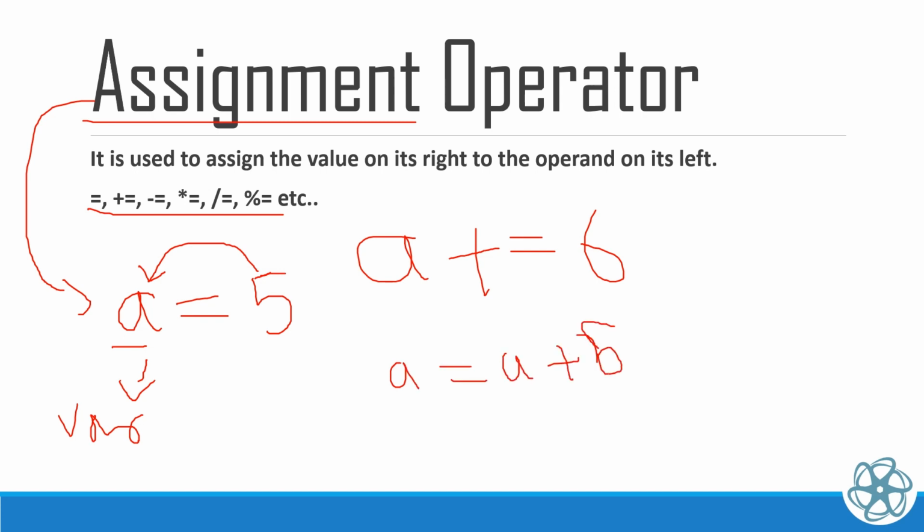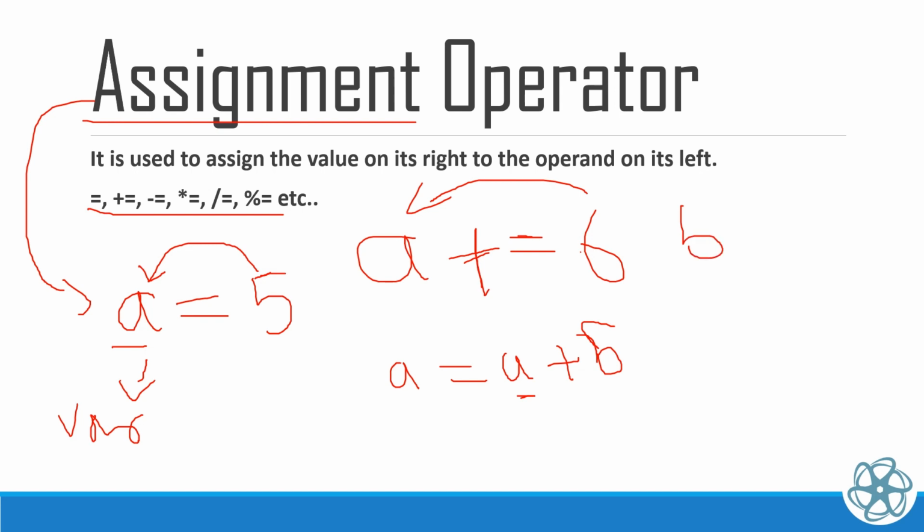This means that if I want to add my operand again to my assigned value, like 6 is assigned to a, I use a plus equal to 6.